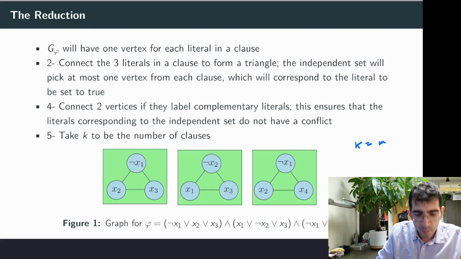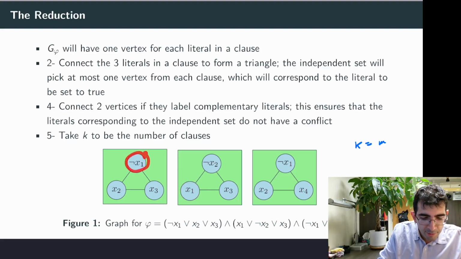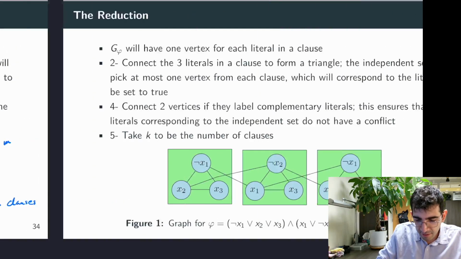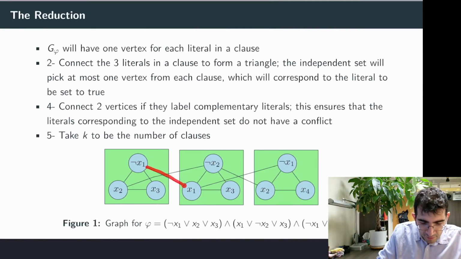So we have to stop the independent set algorithm from selecting both a variable and its negation. What do we do in that case? We simply add edges between a variable and its negation. Because of that, now the independent set algorithm cannot choose both x1 and not x1.